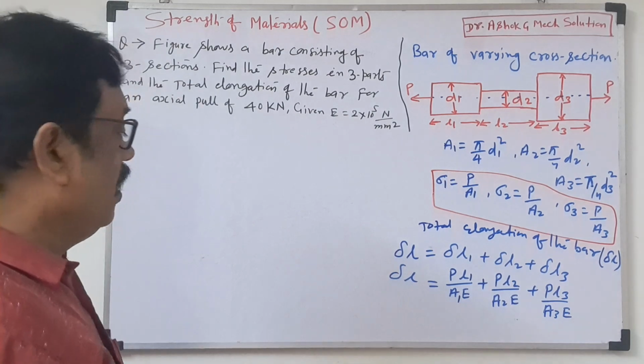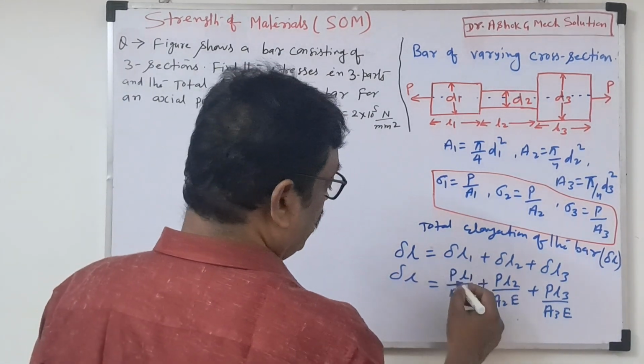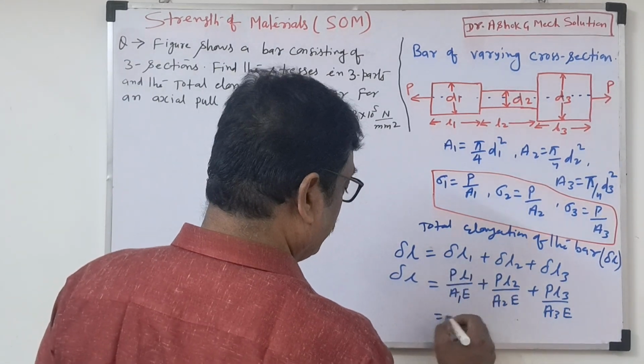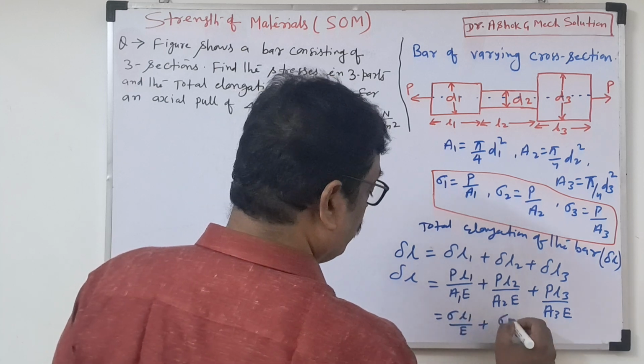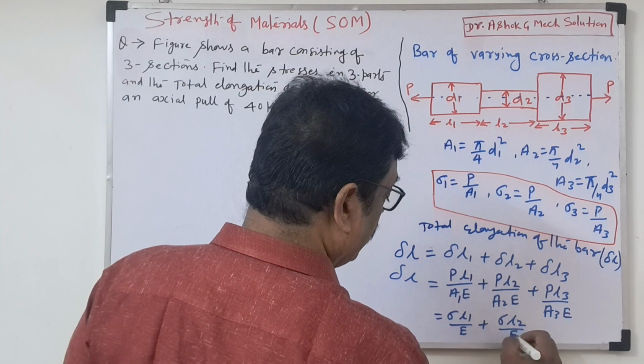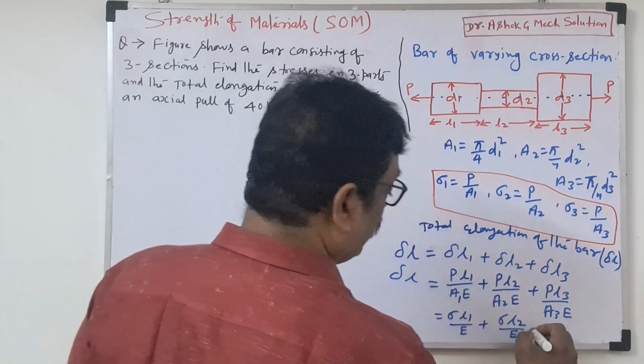This is the formula. One more step, if you want to write P by A as sigma: sigma 1 L1 by E plus sigma 2 L2 by E, or you can substitute the value there itself, nothing wrong.